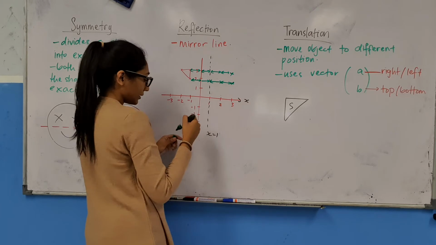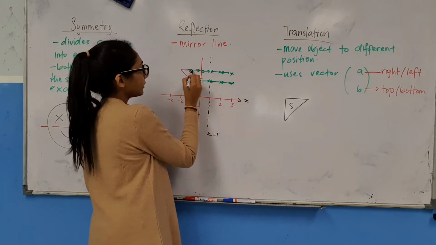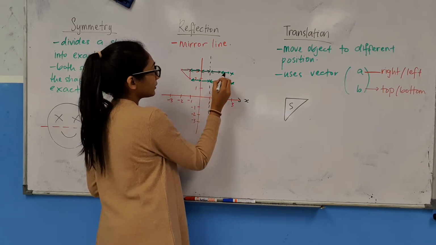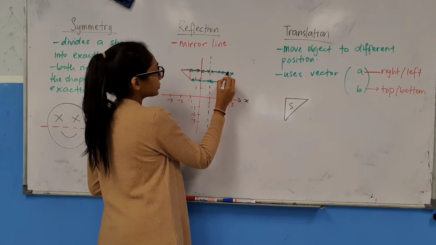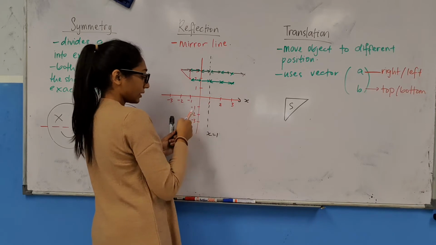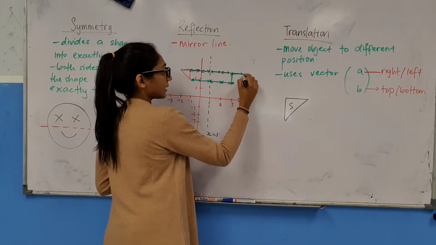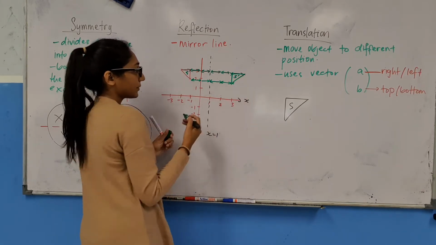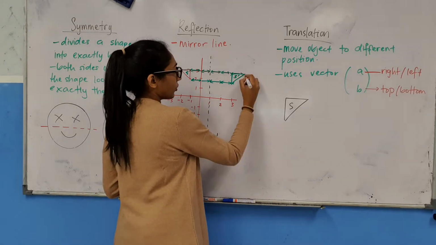And then we take this one. 1, 2, 3. Here. So my shape will be like this now. This is S, this is S prime.